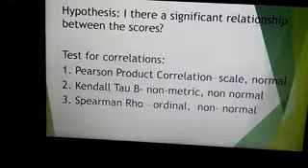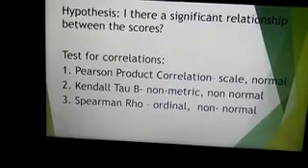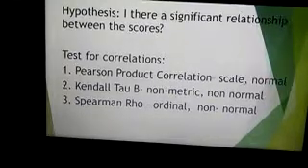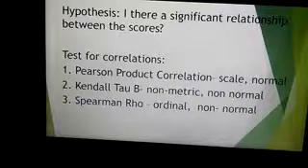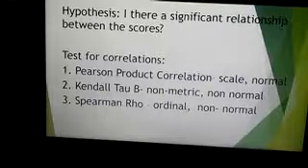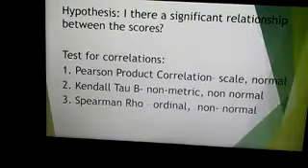Here is an example hypothesis. Is there a significant relationship between the scores? So when will we use a certain type of correlation? If the data are scale and normal, we are going to use the Pearson product correlation.